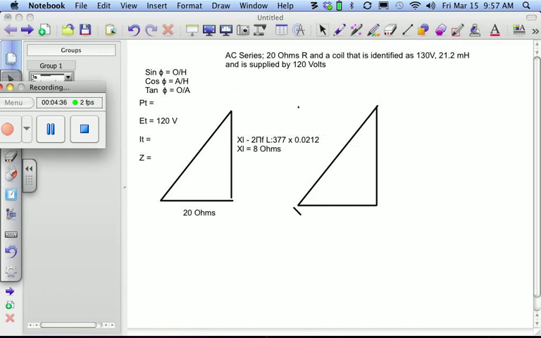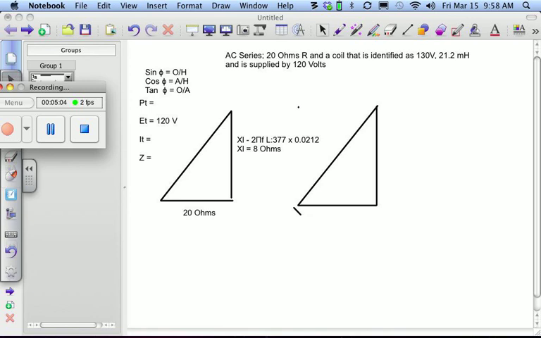Okay, so we're going to say that the 7.99 is going to come out to 8 ohms. We're going to round up just very slightly. I'm going to call this 8 ohms. So our very first question says that we want to find the phase angle. To find the phase angle, all we have to do is hit second function tangent because the tangent is 8 over 20.